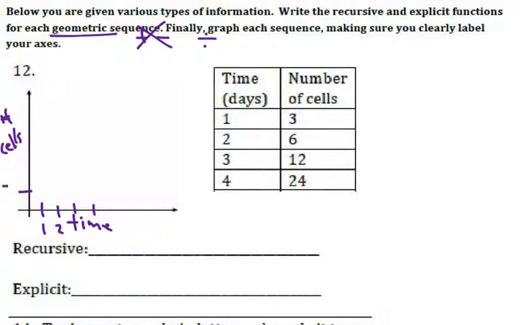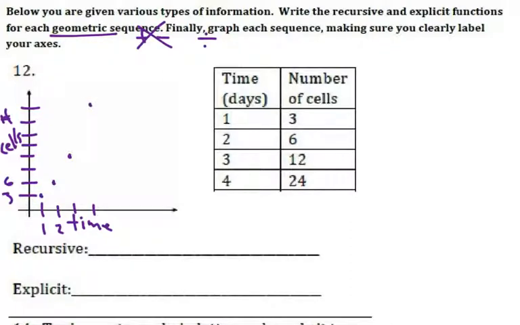The easiest would probably just be count by threes. 3, 6, 9, 12, 15, 18, 21, 24. So we start out at 1, 3, 2, 6, 3, clear up to 12 now, and 4 is clear up to 24.